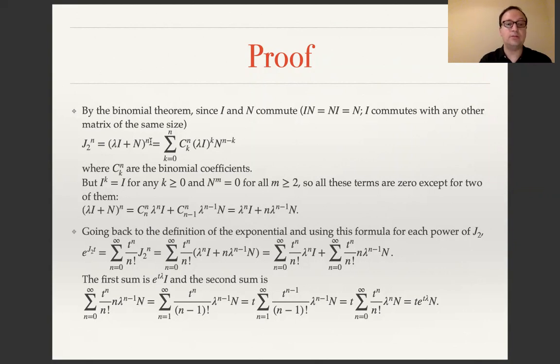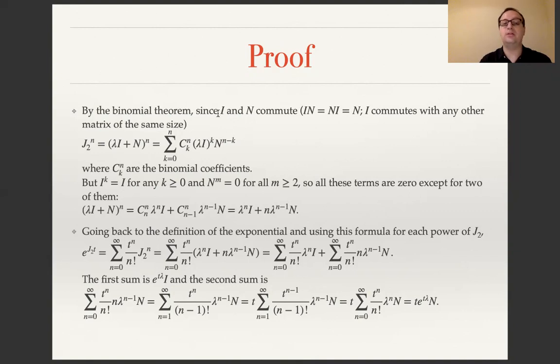And then let's use the binomial theorem to write this sum of two matrices raised to the power n. Notice that we can only do this for matrices when the matrices commute. So if you have A plus B to the n, and A and B are matrices, then you can only use the binomial theorem when the matrices A and B commute. And this is the case here.